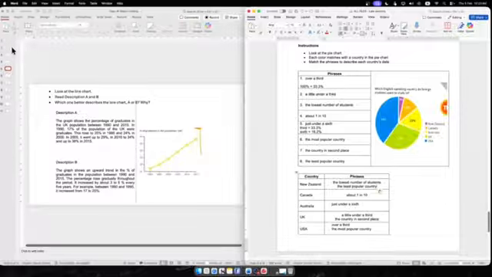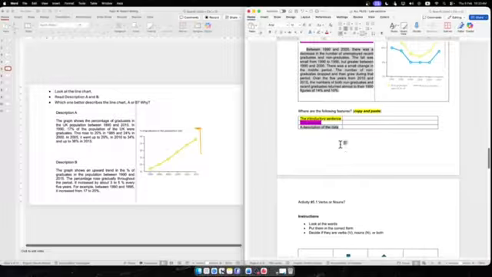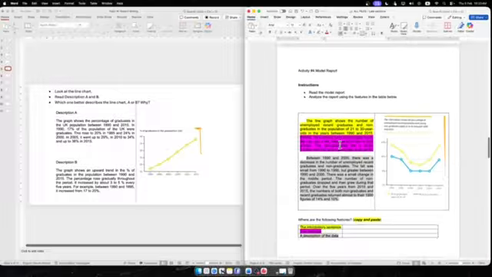So in this lecture we covered 3 paragraph features, and we looked at how to read the graphs. We said that the introductory sentence should give the reader an idea about what to expect in the graph.